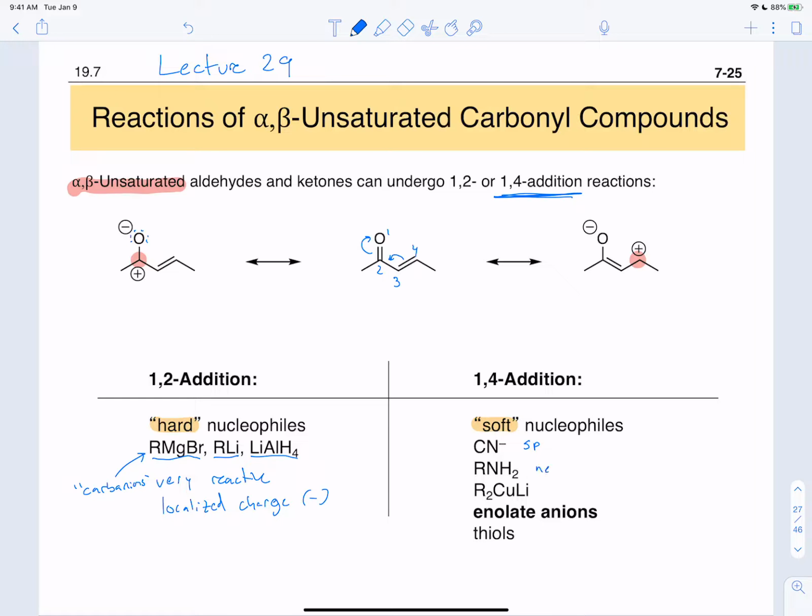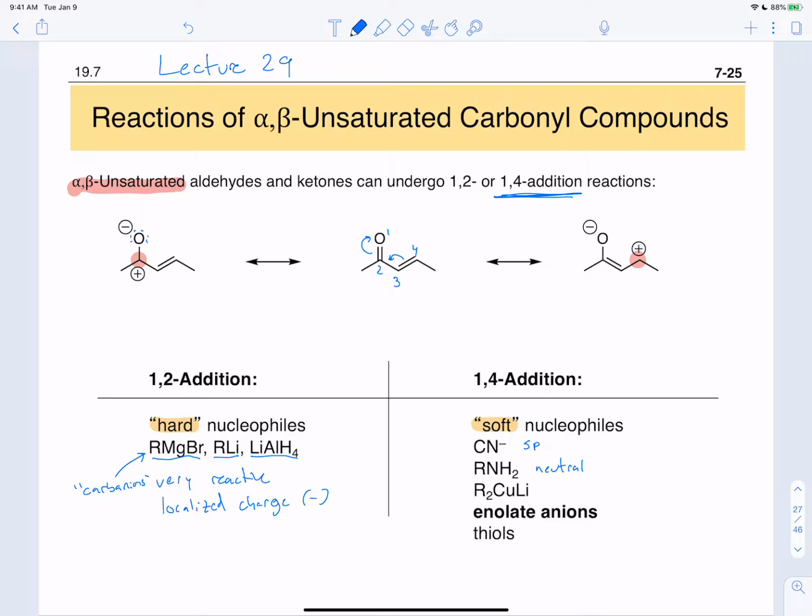Amines are neutral nucleophiles, and we see them do alkylation reactions with alkyl halides. Frequently you can do condensation reactions with amines without having to deprotonate this hydrogen on the nitrogen, which is not very acidic at all.